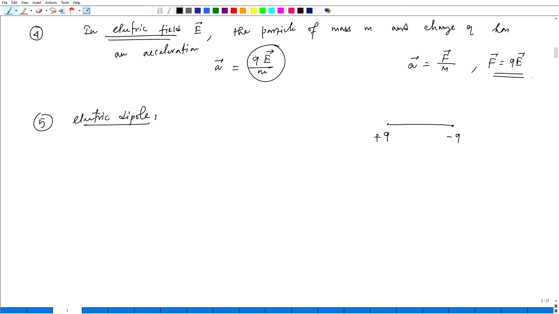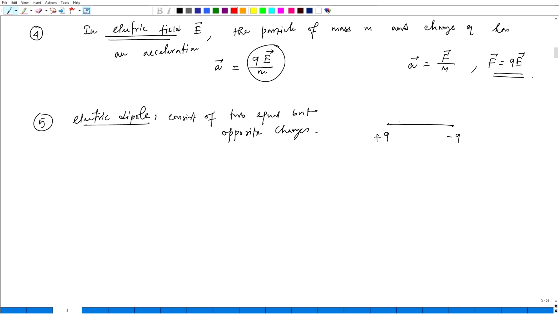So they create a dipole, consisting of two equal but opposite charges. And the electric dipole vector, in which direction?